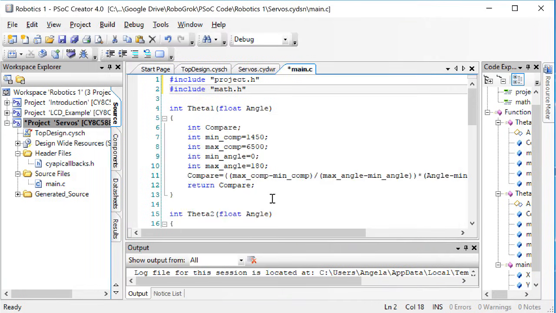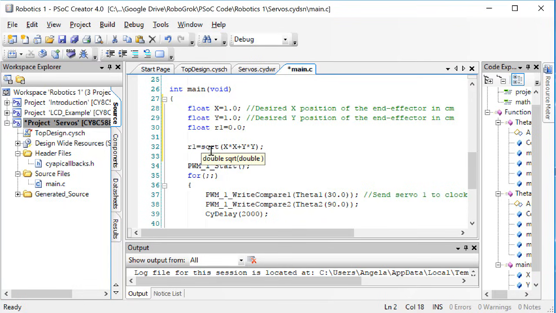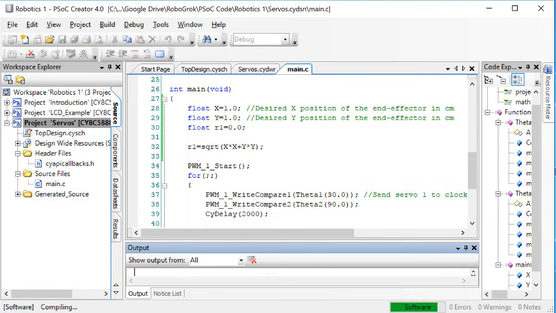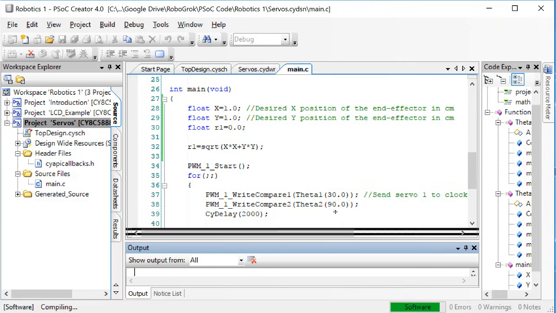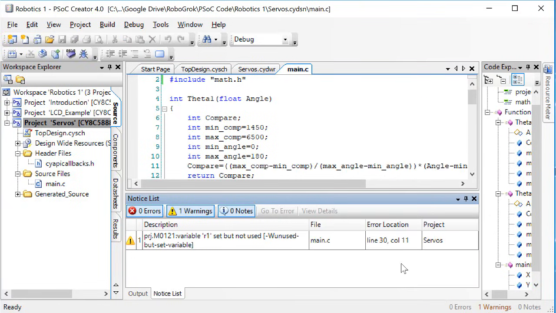Then click OK. Now, to make sure that this worked to get square root recognized, let's go ahead and build this program. Now, I get a warning that says R1 is set but not used.